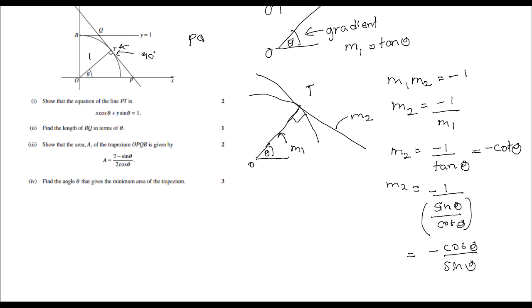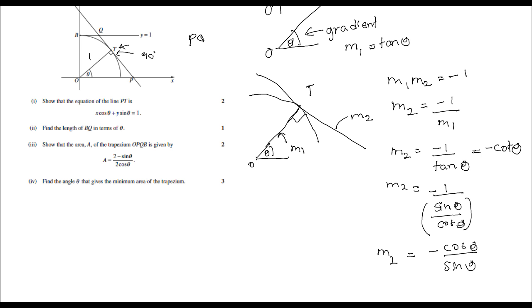There can be different ways of writing M2, based on your preference. Now we know the gradient of the line PT.